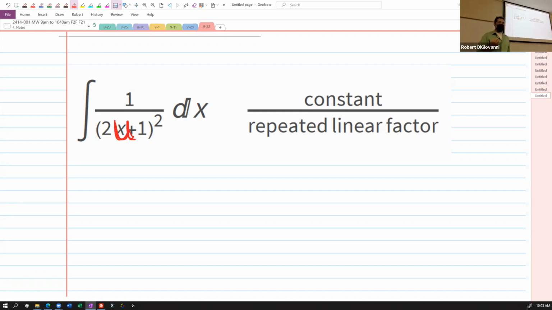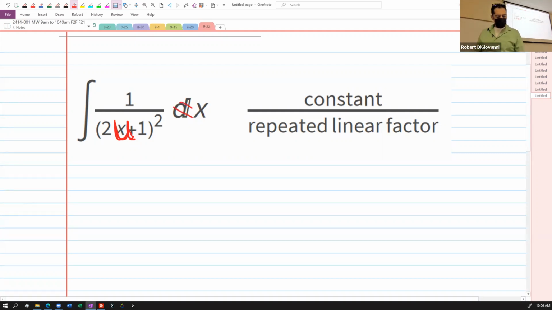Agreed? Now, there's a little trick here. It's a little tricky because if you do this, that's not 1 over u, it's 1 over u squared. And the antiderivative of 1 over u squared is not natural log anymore because of the squared. So let me see if I can rewrite this.